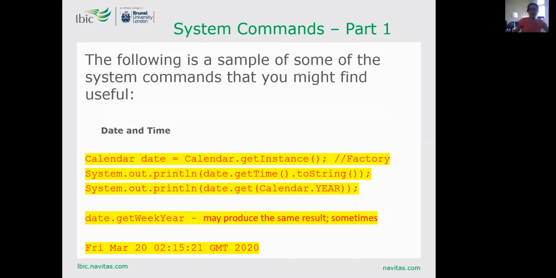So right now you create an object from the class Calendar, and you are calling a method of the object, an instance of Calendar, which is getTime. So you can ask the system to provide you with the exact date and time by using this facility.